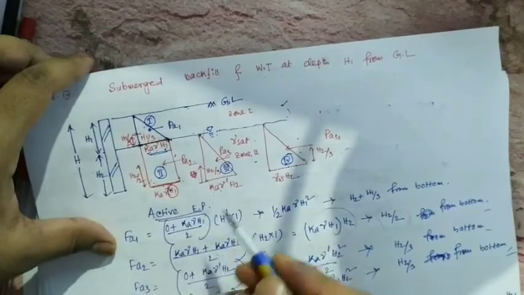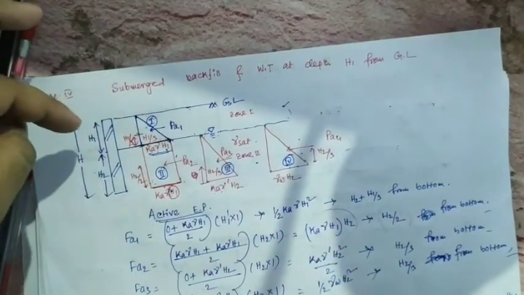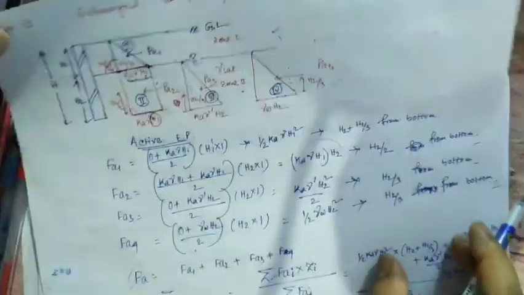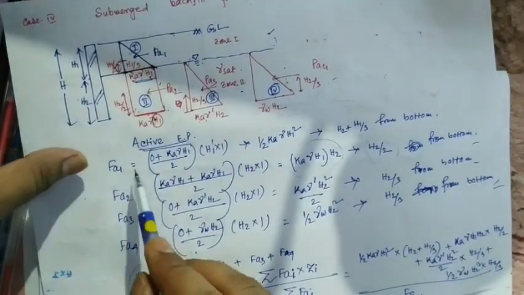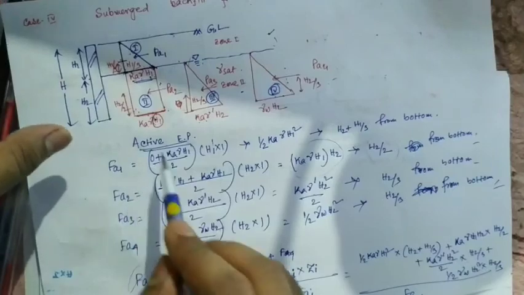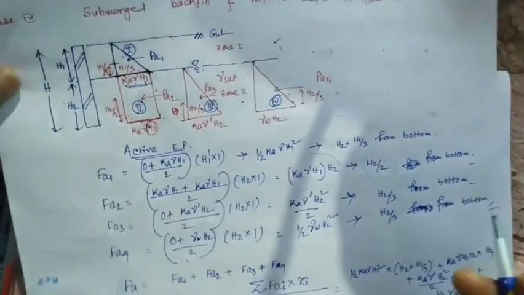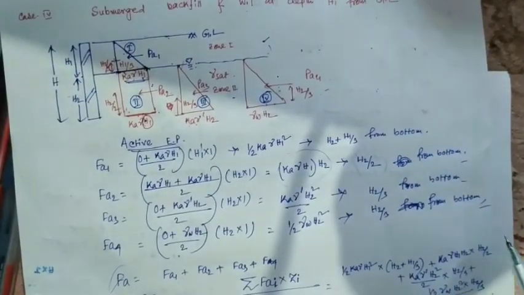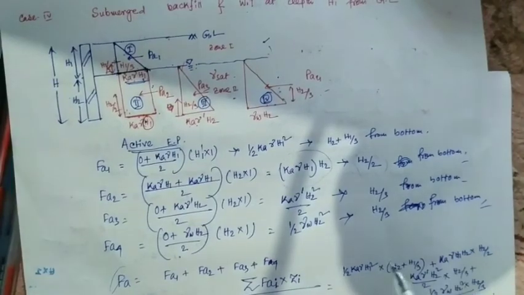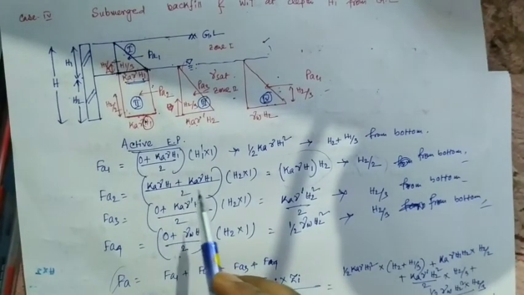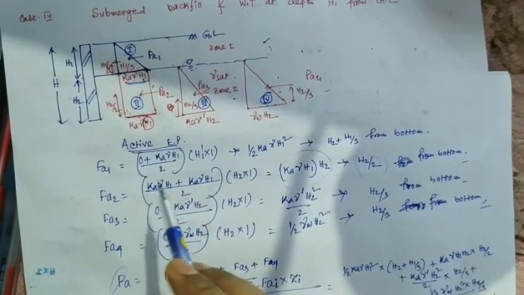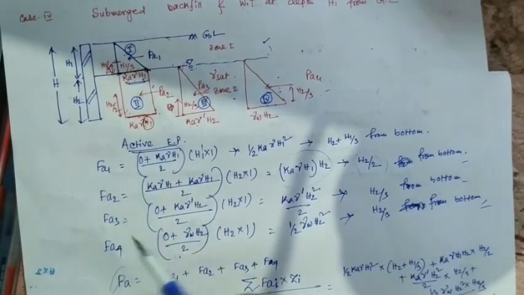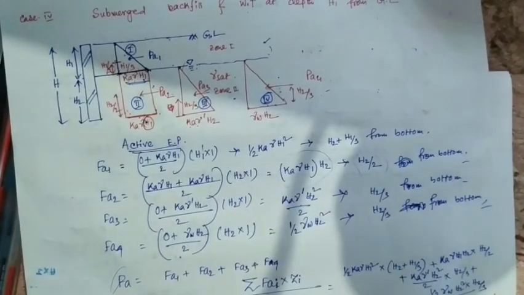Similarly you can derive the passive case. I did not show any passive condition, but it will be similar to the active case. Passive earth pressure will be just similar to the active earth pressure. You can derive it, it is very easy.